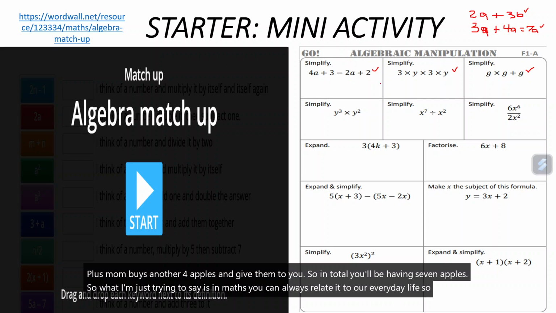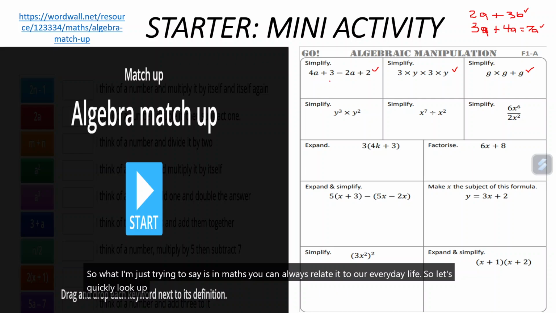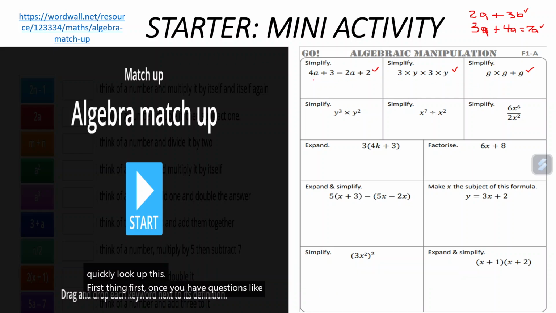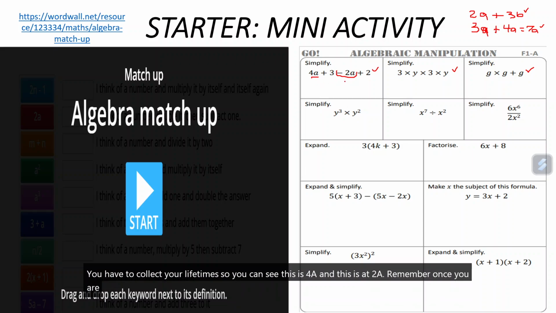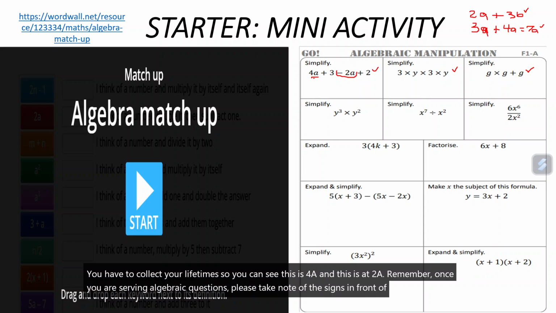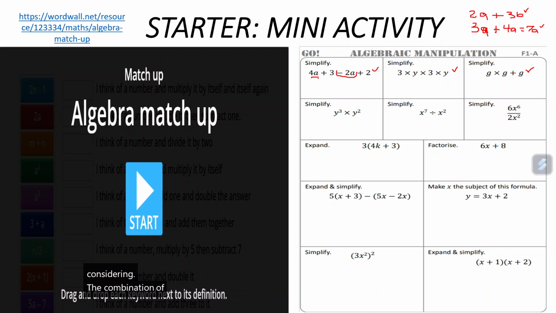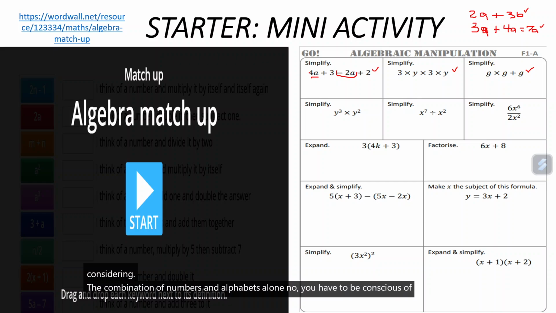So let's quickly look at this. First things first, once you have questions like this, you have to collect your like terms. So you can see this is 4a and this is 2a. Remember, once you are solving algebraic questions, please take note of the signs in front of the terms. It's not enough considering the combination of numbers and alphabets alone. You have to be conscious of the signs in front of them.